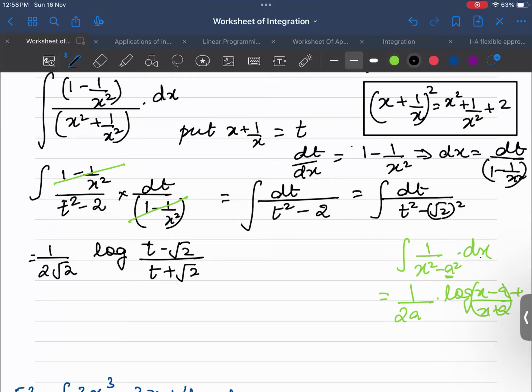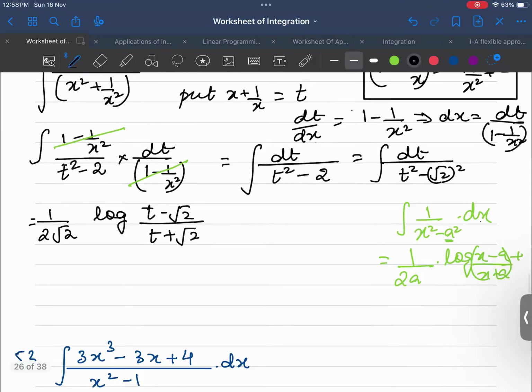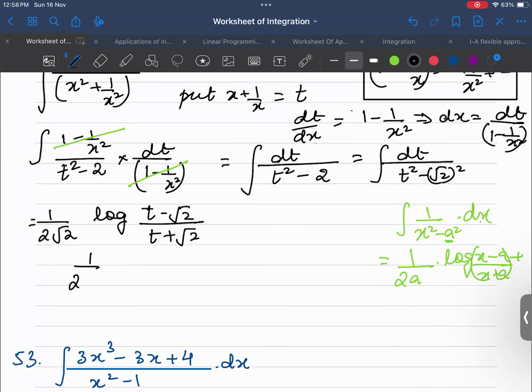When the question comes in this format, now we have clarity. This is in this form, so we can directly solve it. 1 upon 2a, a is root 2, log t minus root 2 upon t plus root 2. I think it's clear.